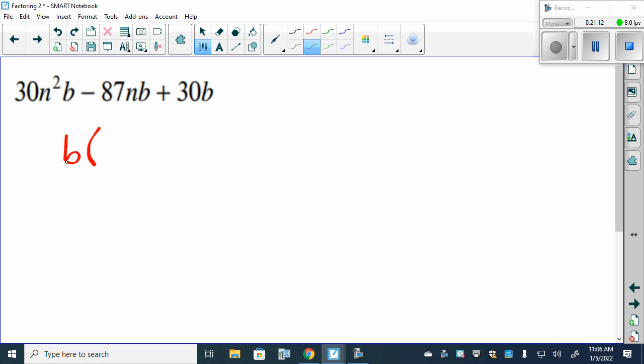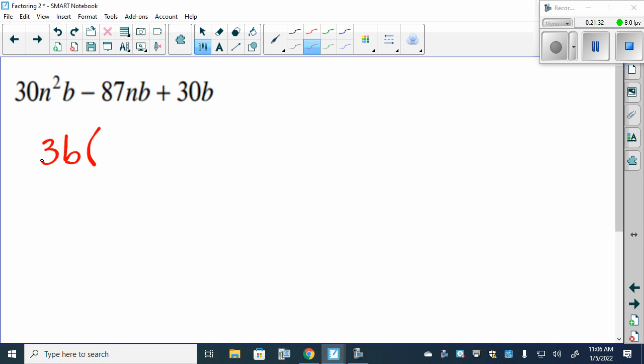So we know that 30 is divisible by 2, 3, 5, 6, and 10. Is 87 divisible by 2? No. How about 3? So we can say that the greatest common factor here is 3b, and that's the biggest that it's going to be.